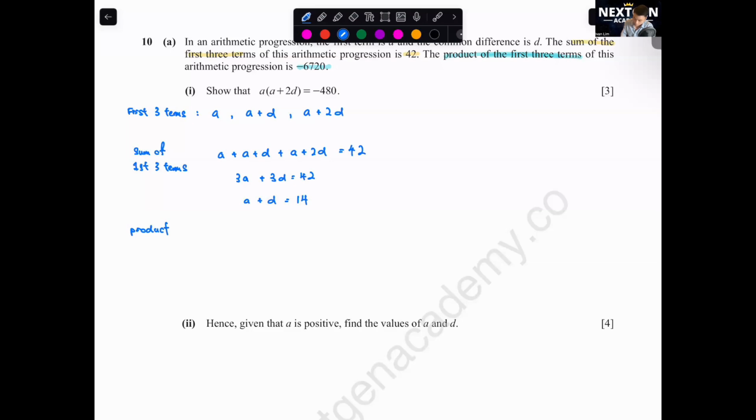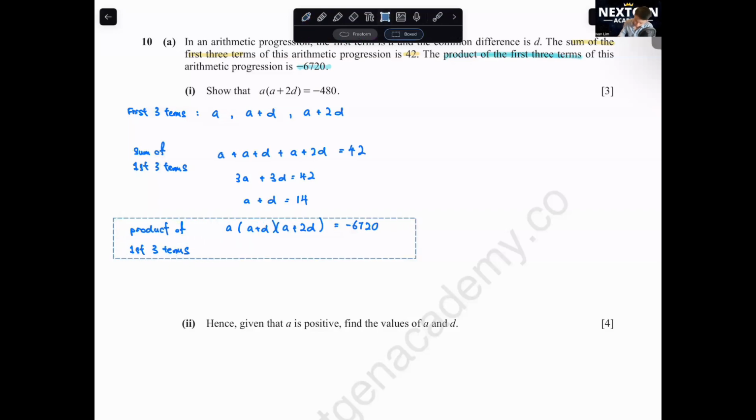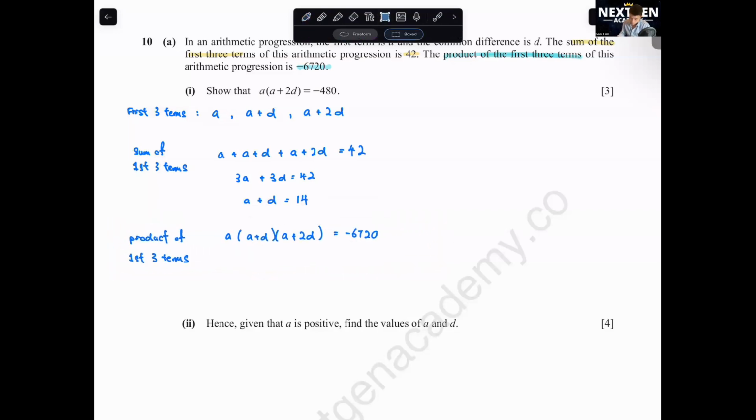Okay, the second statement, product of the first 3 terms. Product means we multiply it. A times A plus D times A plus 2D equals -6720. Okay. Look over here. There's an A plus D here. If you look at the expression that they want you to show, they want A plus 2D only.